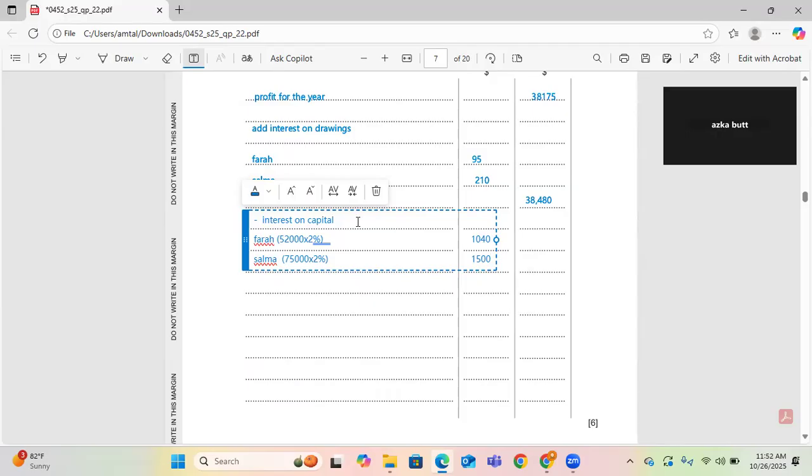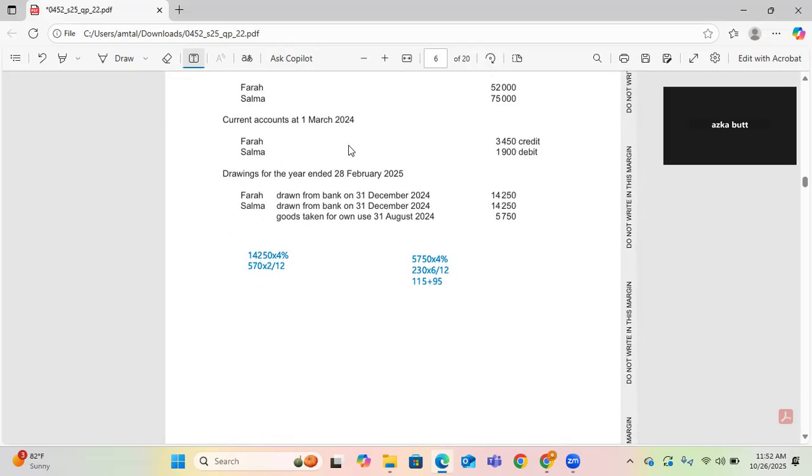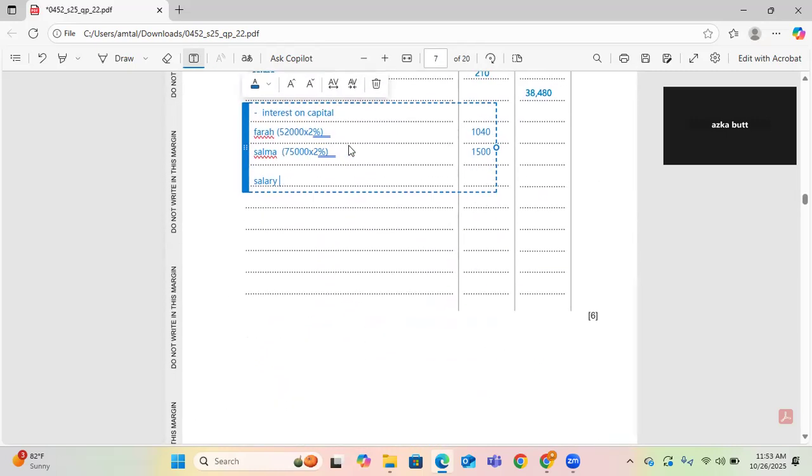Okay. Then we need to deduct the salary as well, if there is any salary. Let's see. Yes, there is a salary to Farah which is 11,200 per annum. So we need to deduct this as well. Salary to Farah, that is 11,200.